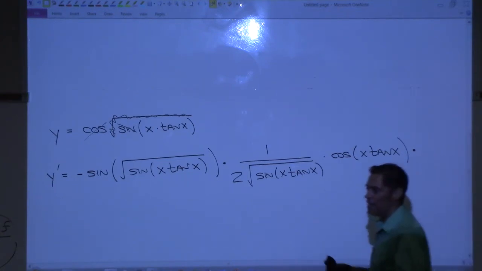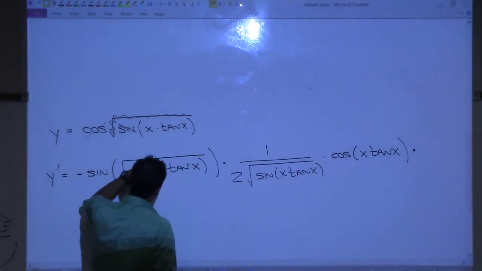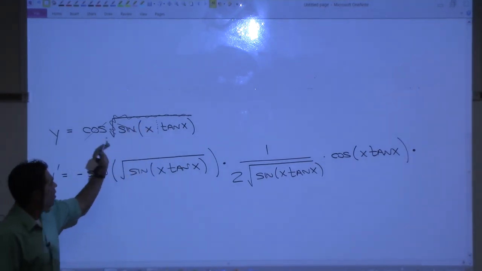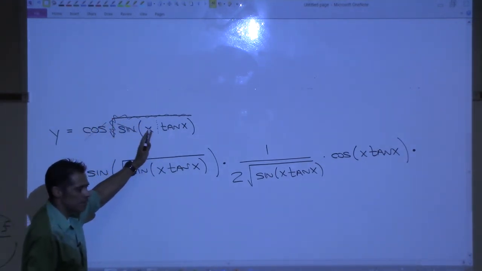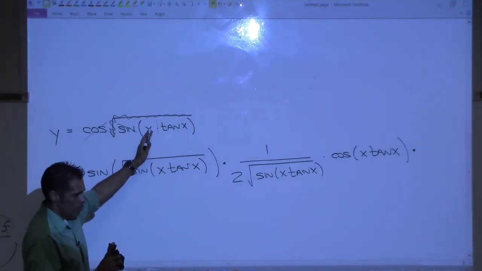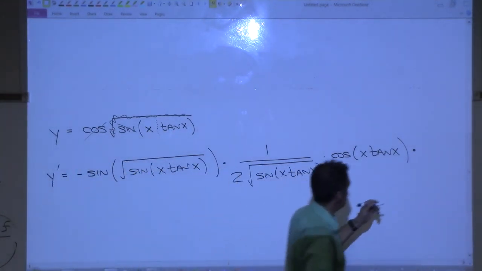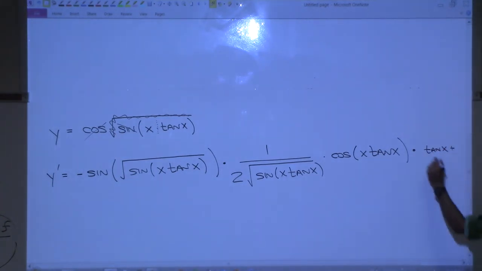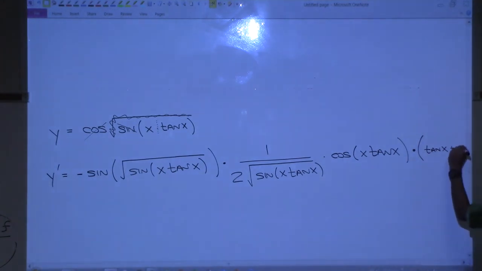So we are finally to the very inside, and we have, oh, there it is. We have a product right there, don't we? So product rule says we take derivative of this, right? 1 times that. So we're just going to have tan x. Is it plus or minus now? Plus. Now I'm going to start my parentheses there. Secant squared x.